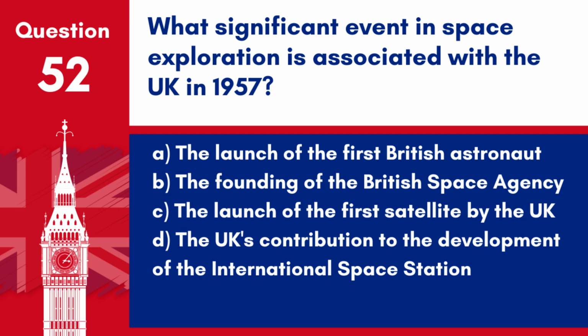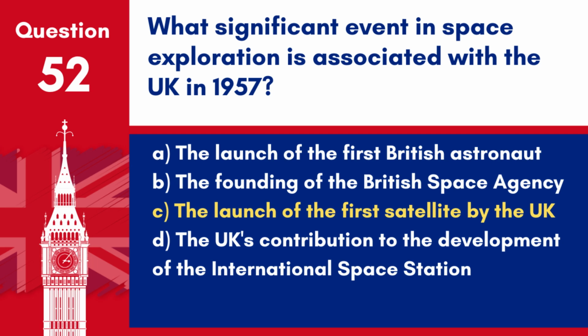Question 52. What significant event in space exploration is associated with the UK in 1957? A. The launch of the first British astronaut. B. The founding of the British Space Agency. C. The launch of the first satellite by the UK. D. The UK's contribution to the development of the International Space Station.